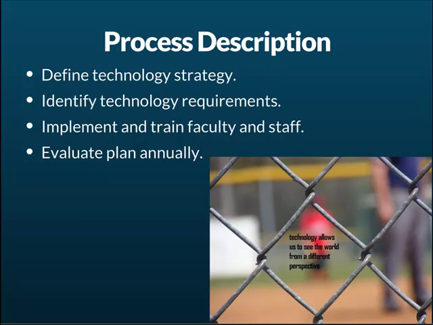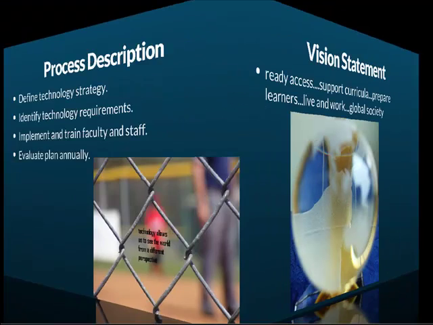The third step involves designing, developing, and purchasing technology. This would include developing a technology budget. After designing, developing, and purchasing technology comes the implementation and training phase. And the final step in the process is to evaluate the plan annually and revise as necessary.